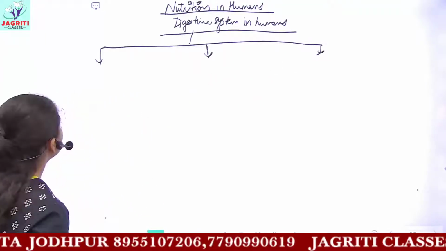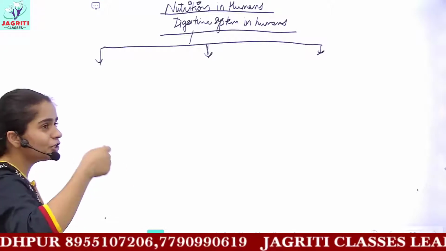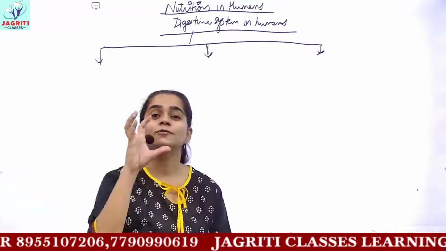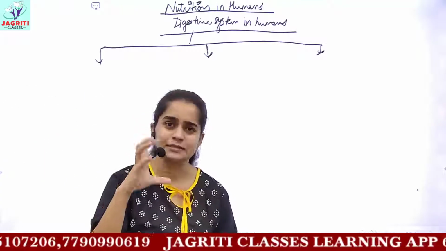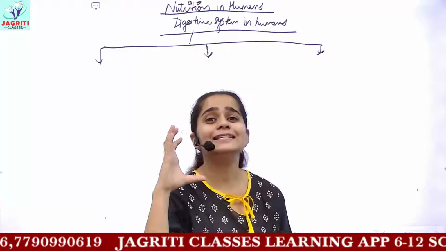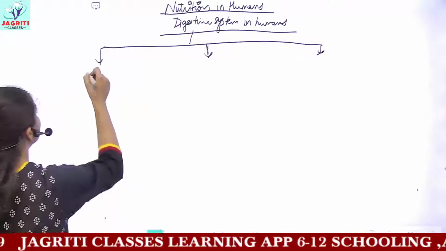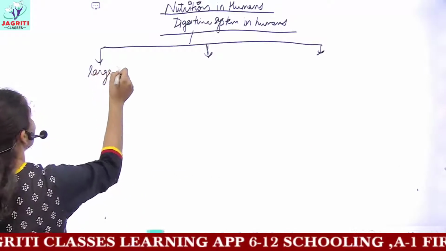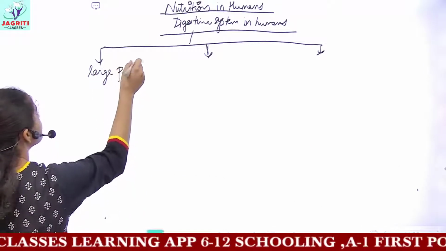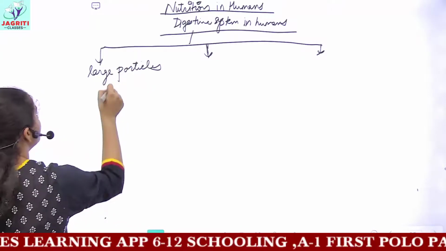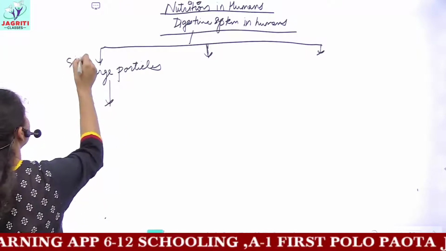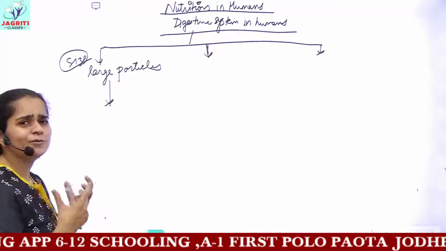The first one, which you can say, is that the food which we eat is in the form of large particles or large pieces. We need to break down these large pieces into smaller pieces. This large I am telling you on the basis of size.